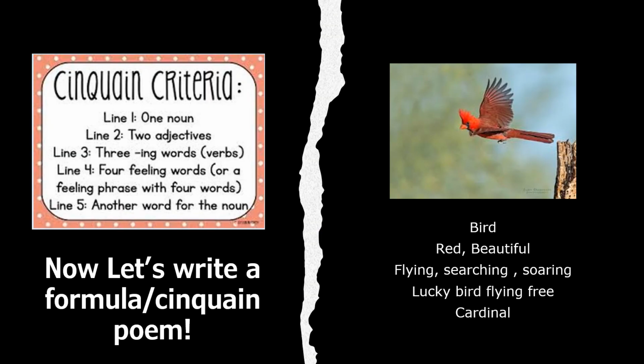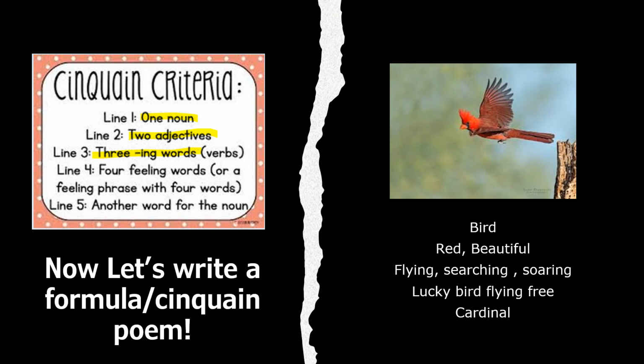Now, in order to write a cinquain poem, I have to follow certain criteria. For the first line, I have to write 1 noun. The second line, I have to write 2 adjectives, 2 words to describe the thing that I'm talking about. On the third line, I have to write 3 ing words of what my poem or the item in my poem can do.